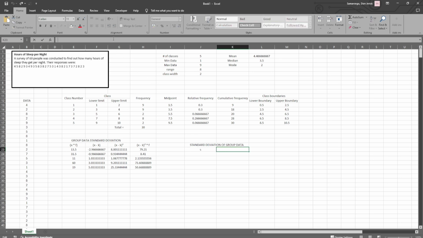It is equal to the square root of the summation of X minus X bar squared times f, divided by the total frequency minus 1.